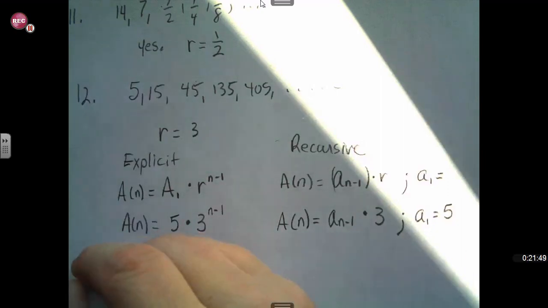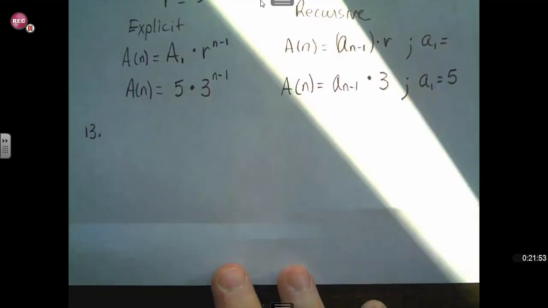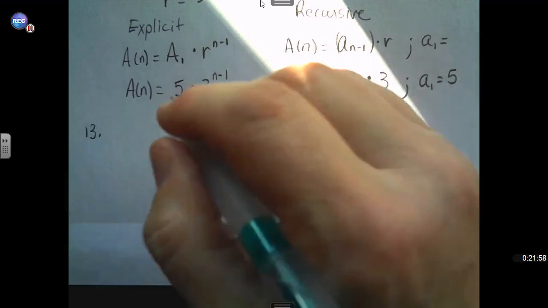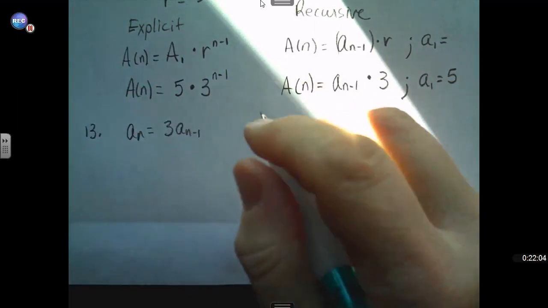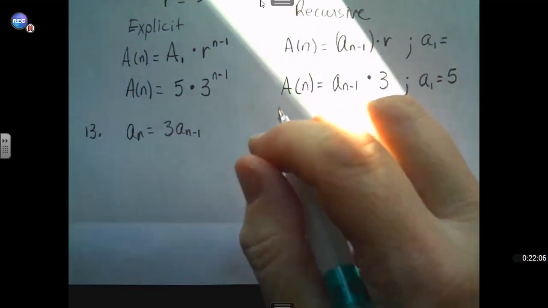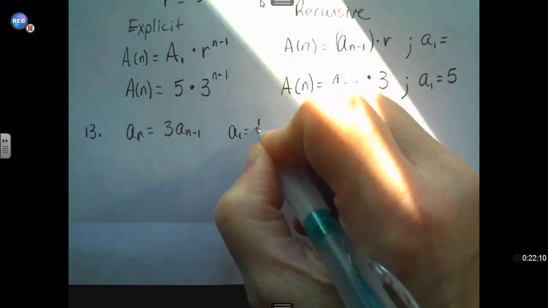Number 13. The recursive formula for a geometric sequence is A of n equals 3 times A sub n minus 1, with an initial value A of 1 equals 1/4.